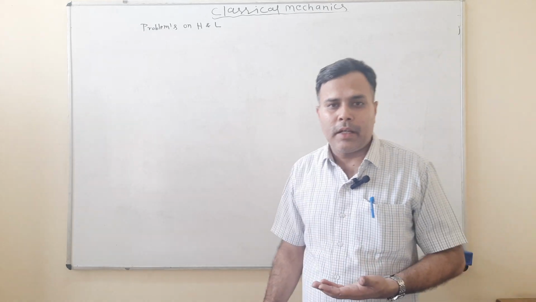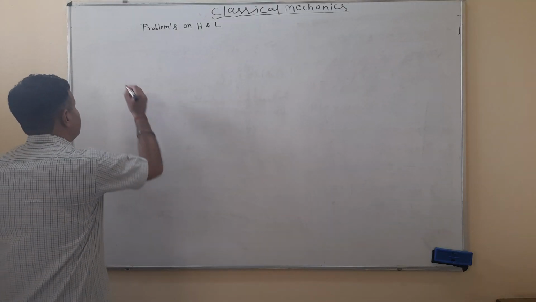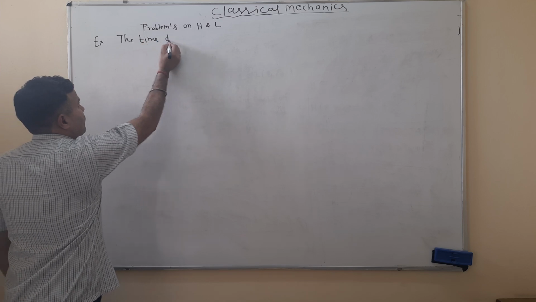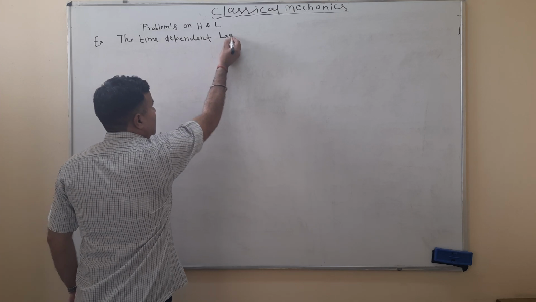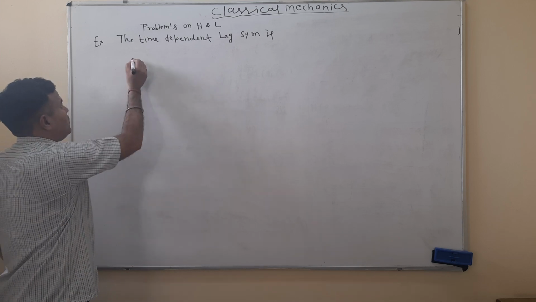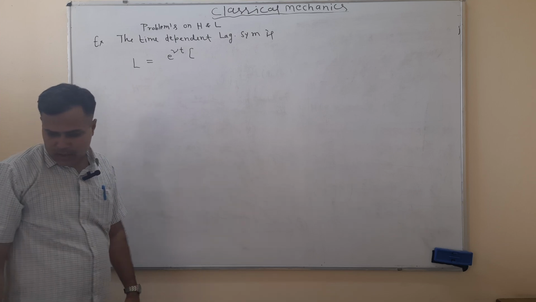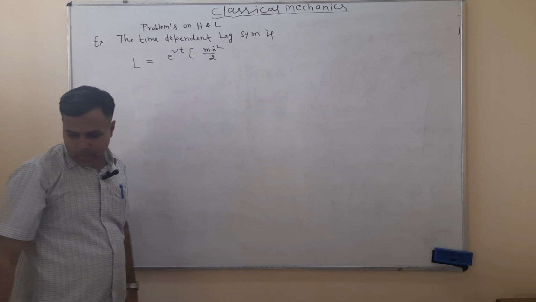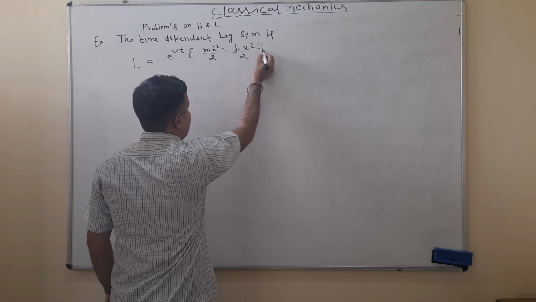So, if we have an expression of the Lagrangian for a time dependent Lagrangian system, it is simply L equal to e to the power nu t, where nu is any constant, times mx dot square by 2 minus kx square by 2.